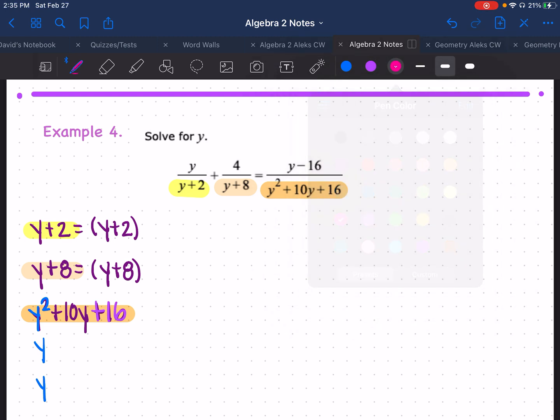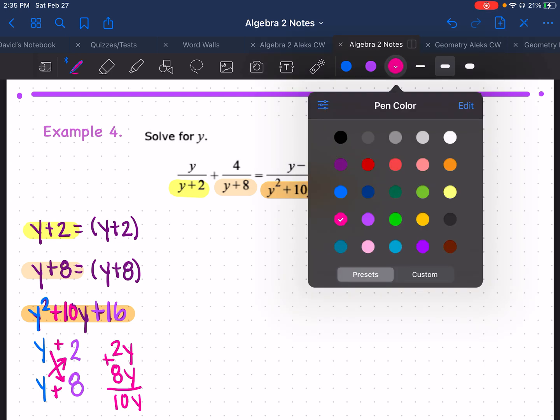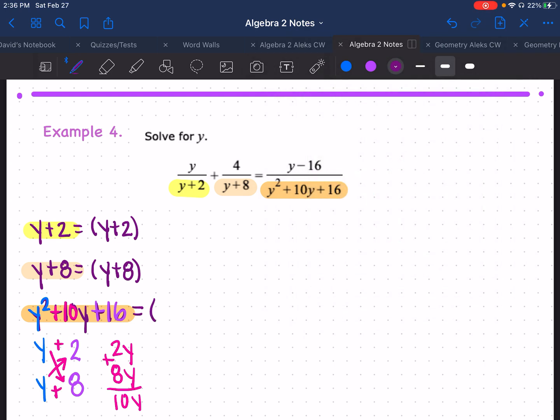And I am going to choose the one that would give me 10, which means I'm going to choose 2 times 8 because 2 plus 8 is 10. So 2y when I cross multiply, 8y when I cross multiply. And just like I said, if I add those two together, 10y. There we go. So this is a plus, this is a plus, and take a look at this.